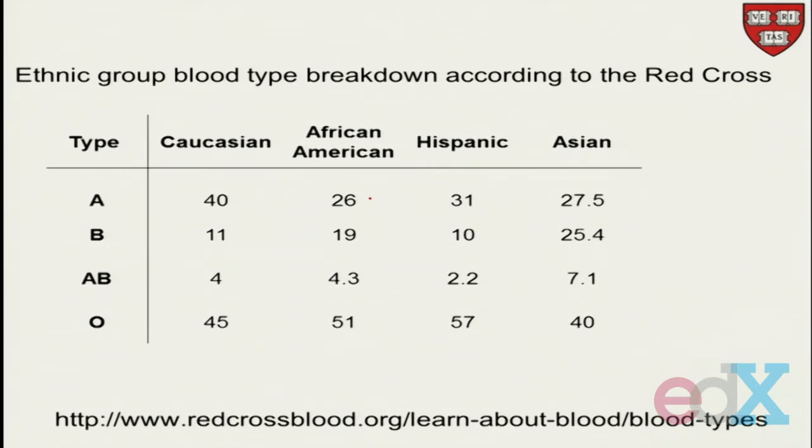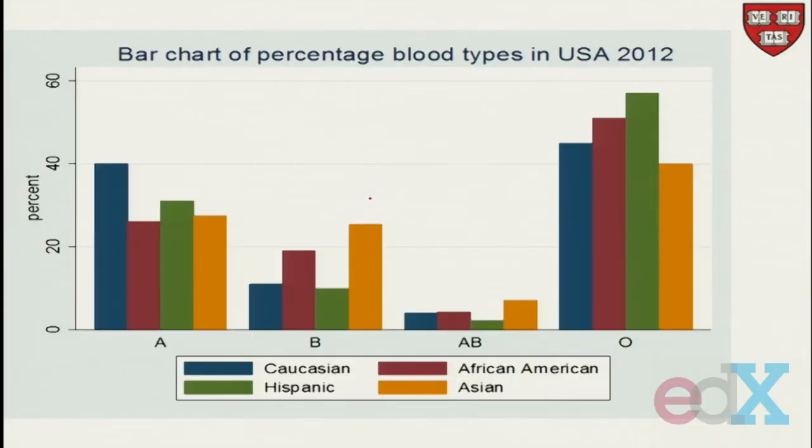Now, we could study this and get some understanding of how these distributions vary. Alternatively, if we just draw the bar charts and put them side by side, we get an immediate picture of what's going on. So, for example, the first thing that hit me was this. There's an excess here of blood type B for Asian Americans.